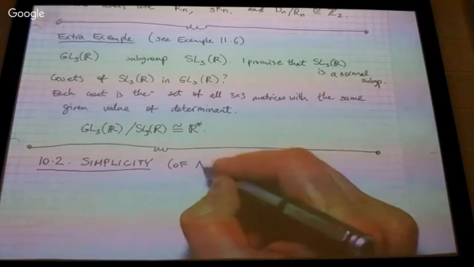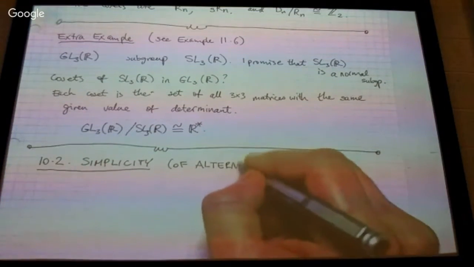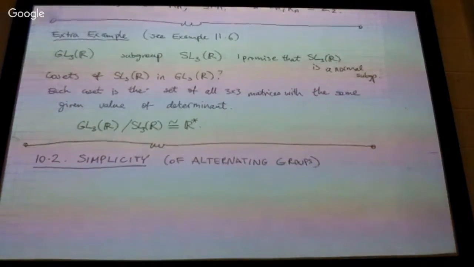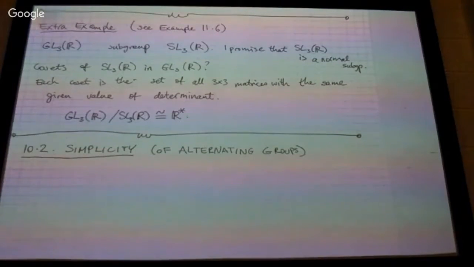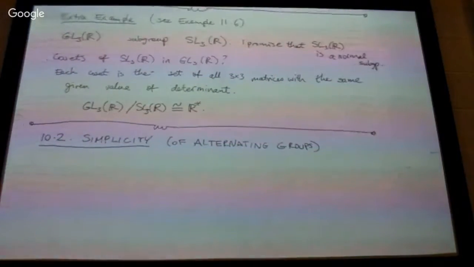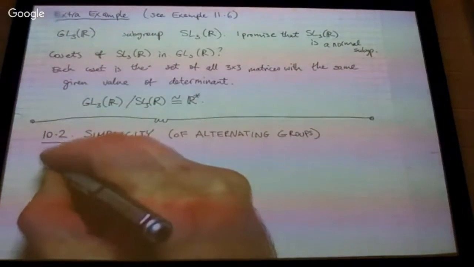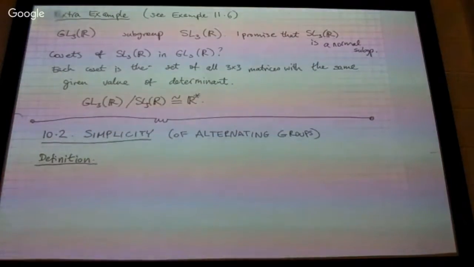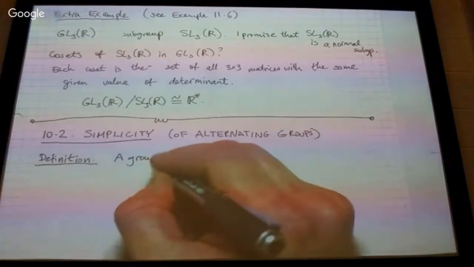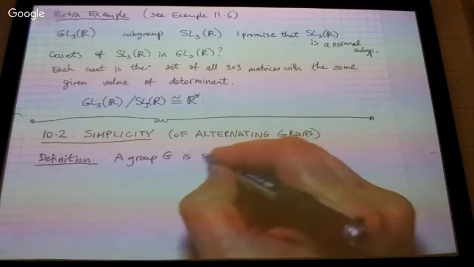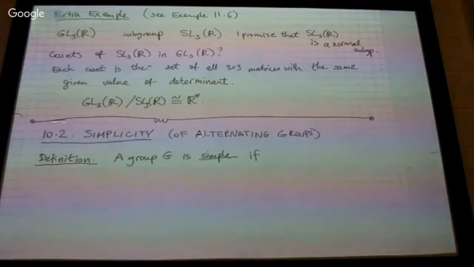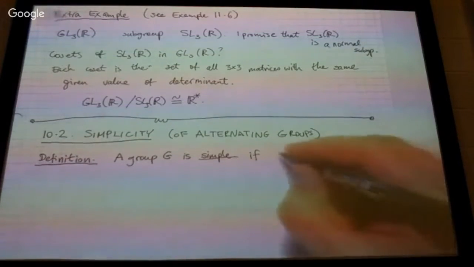First, let's have a simple definition, which says that a group G is simple if it has no normal subgroups.